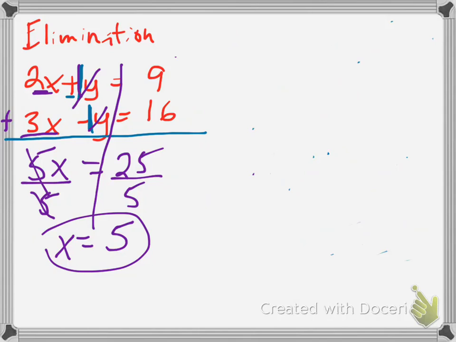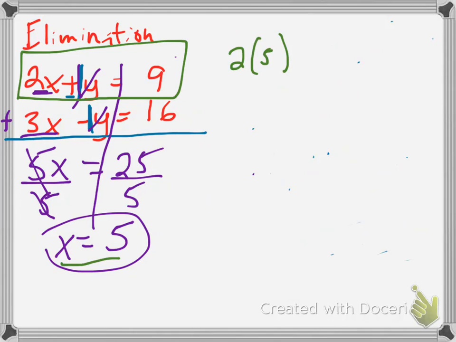I'm going to pick one of the equations and just plug and chug what I got here for x. So I'm going to use 2x plus 1y equals 9. Doesn't matter which one. I'm obviously going to have one solution. So let's plug and chug. 2 times 5 plus 1y equals 9. Multiply that out.